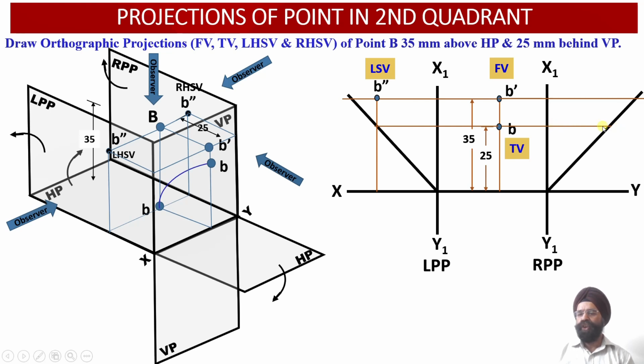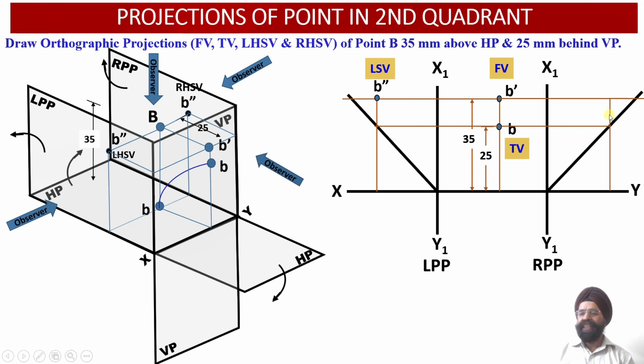Now this horizontal distance will indicate the distance of the profile view projection from the vertical plane over here. This is the vertical plane. This is the distance of the point B double dash from the vertical plane.